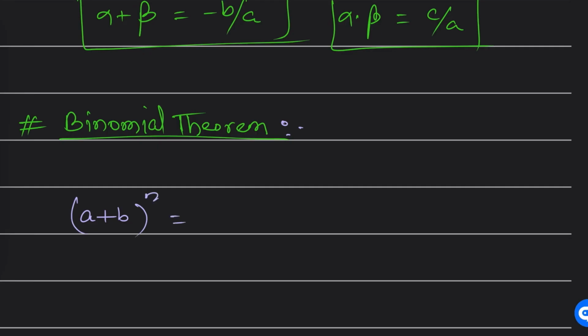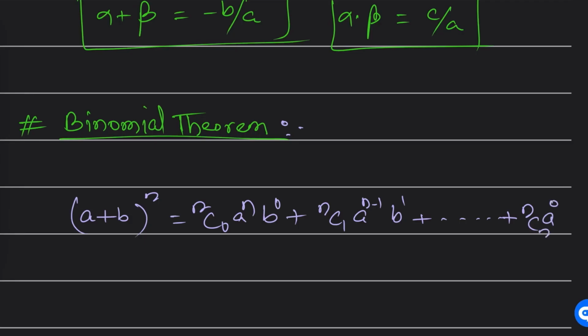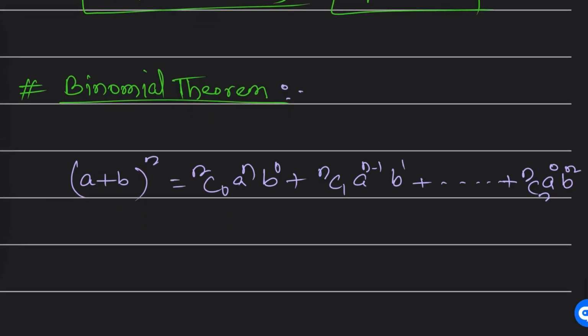I am writing the formula, then I will explain it. nC0 a power n b power 0 plus nC1 a power n minus 1 b power 1 plus so on we can add up, plus nCn a power 0 b power n. This is the expansion, right? So this expansion can be written how, sir?